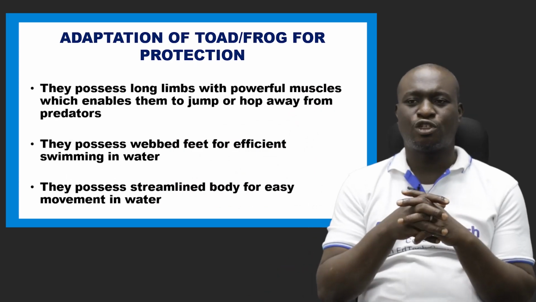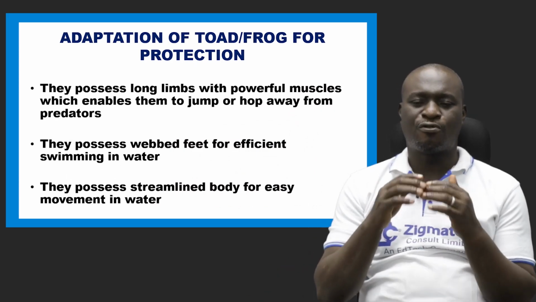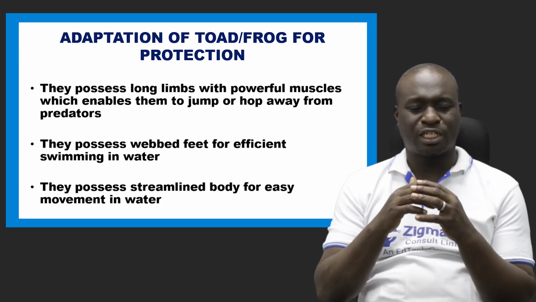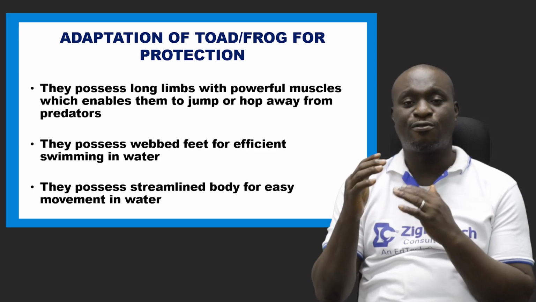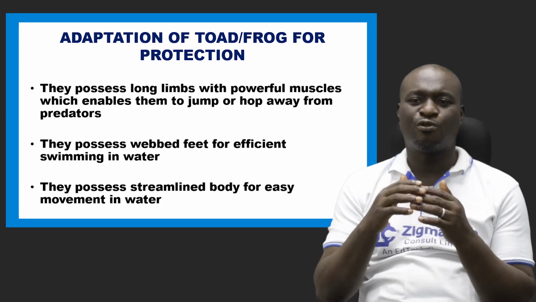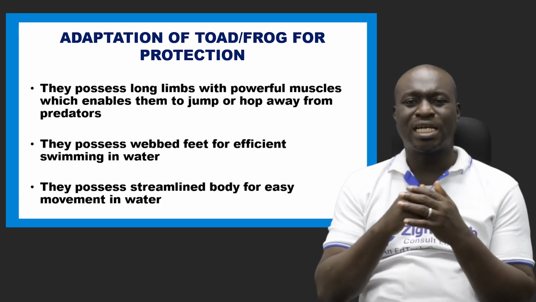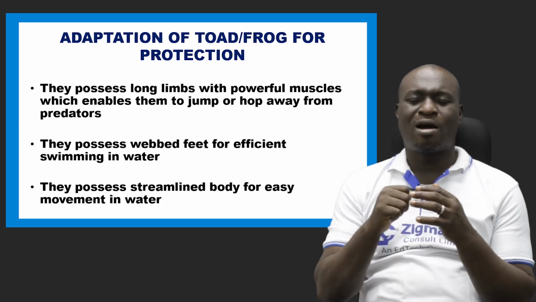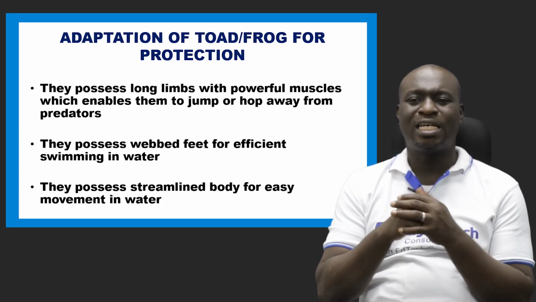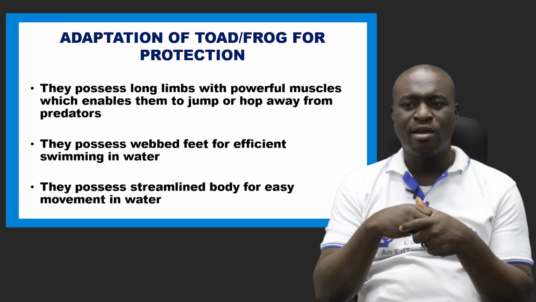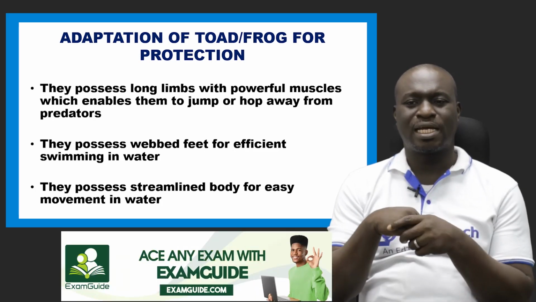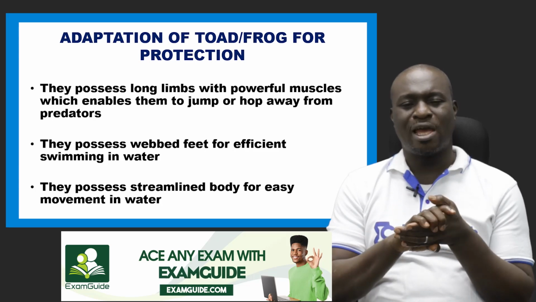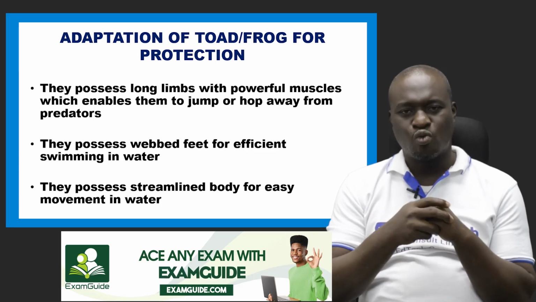Another adaptive feature of the frog, this time for movement. What we have looked at is for obtaining food, but this time it has to do with movement. They possess long limbs with powerful muscles which help them to jump or hop away from predators. Another one is that they possess webbed feet for efficient swimming in water.